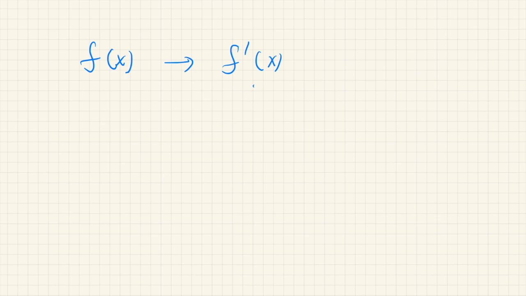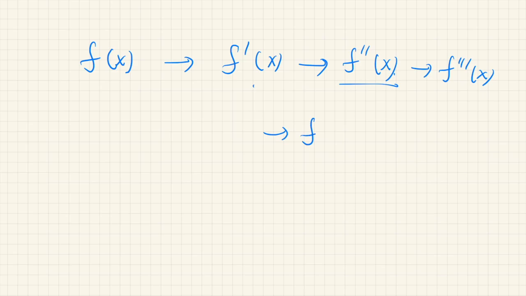So if we can differentiate this function, then maybe we can get the second derivative. And we can continue this process on and on. If it is differentiable, then we can find the third derivative and fourth derivative. If there are too many primes here, it's hard to see. So usually from the fourth derivative, we write like this: fourth derivative, fifth derivative, and so on.